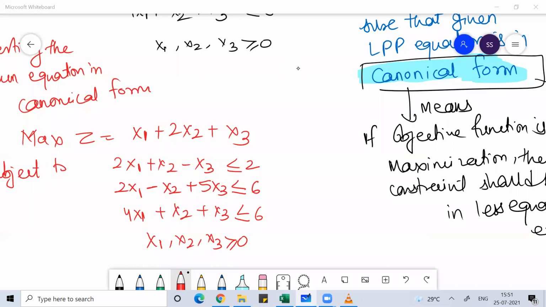Minimization means reducing, guys. What do you mean by minimization?